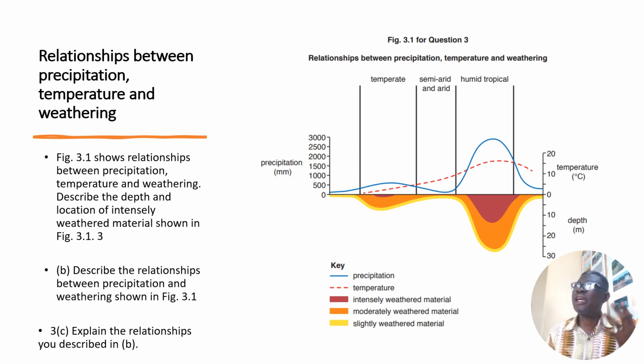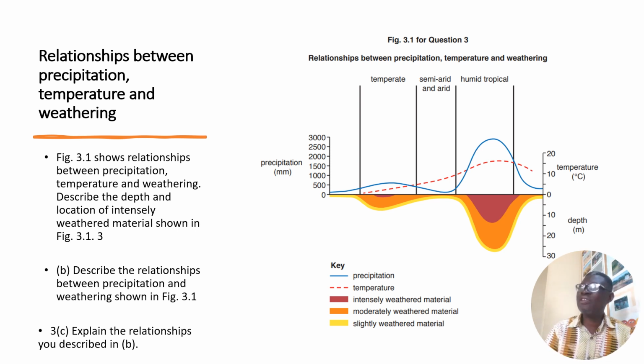You are now explaining the description. You describe it that the higher the rain, the deeper the weathering. That is the description. Why is that so? The explanation. So question 3C says explain the relationships. We have described the relationships.